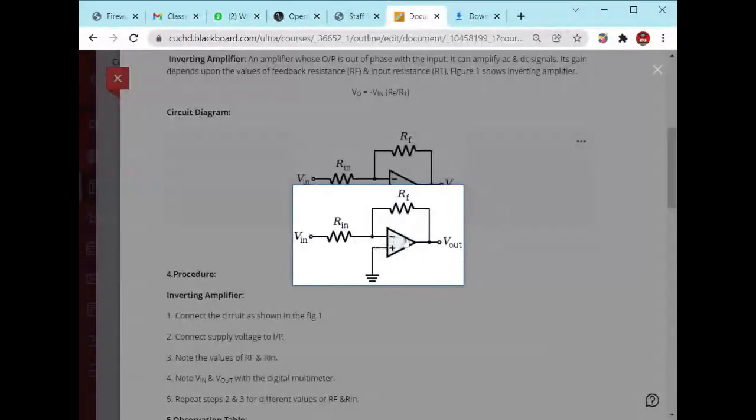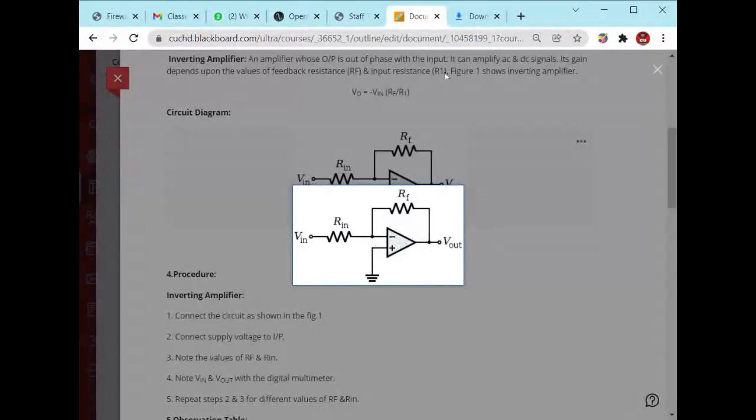Here you have connected the negative terminal to the input, which is why it is called an inverting input. If you connect this input to the positive terminal, it is called a non-inverting input. So the negative sign here represents an inverting input.